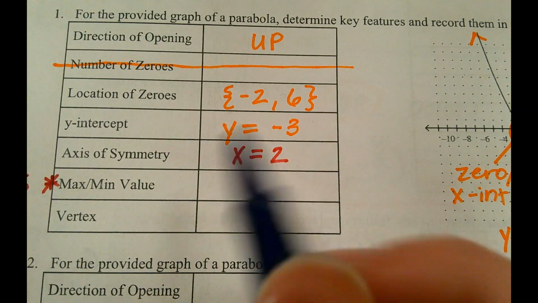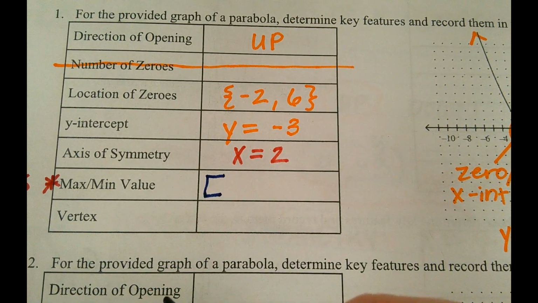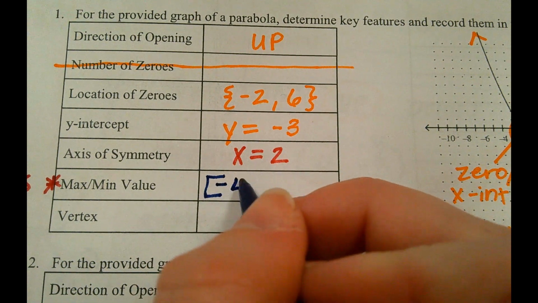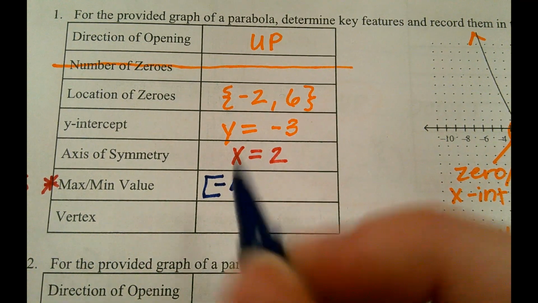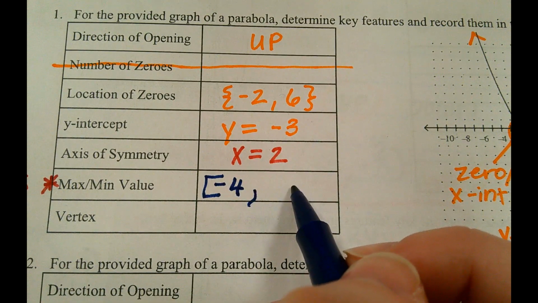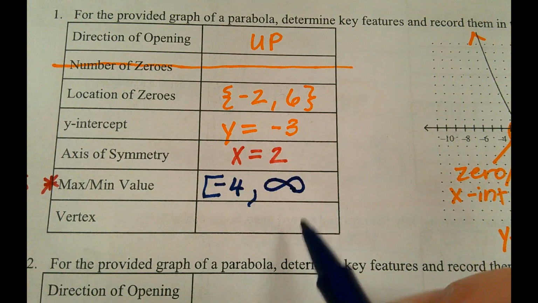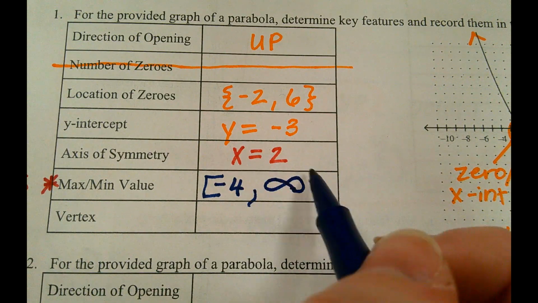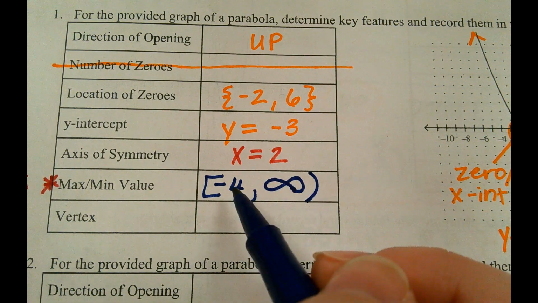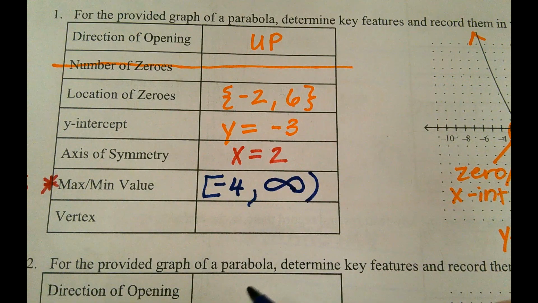So what we do is we start with the minimum, put a bracket, it's like a little half square, and we'll write the minimum, -4. Then we put a comma, and then we write infinity, which is just a sideways 8. And then we put parentheses. Infinity gets parentheses. Numbers get brackets. Weird, but that's what we do.